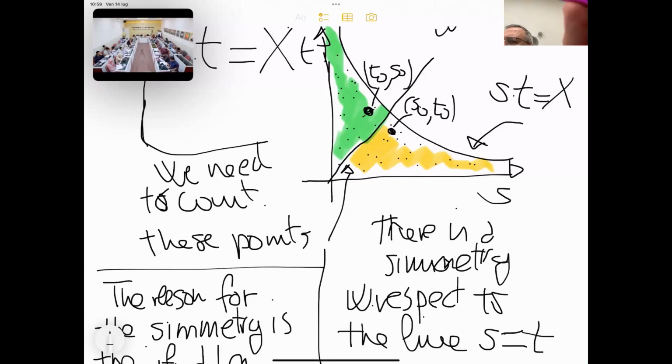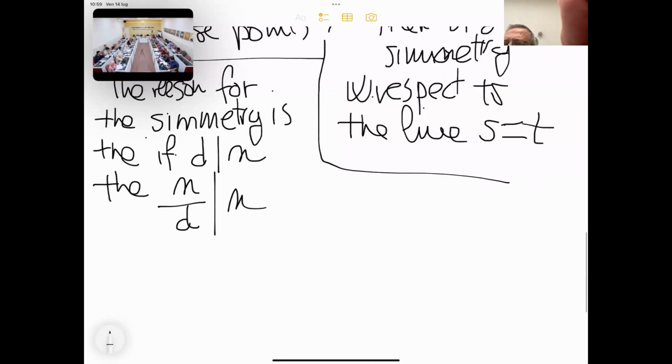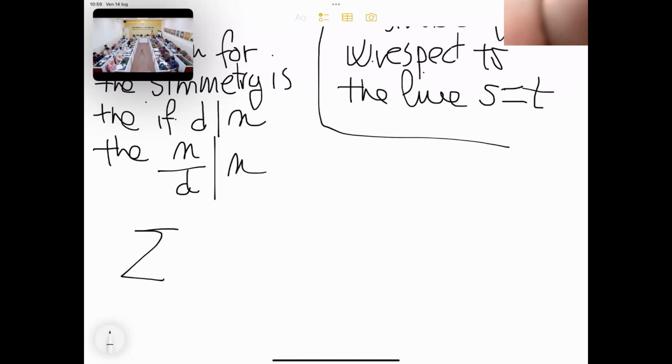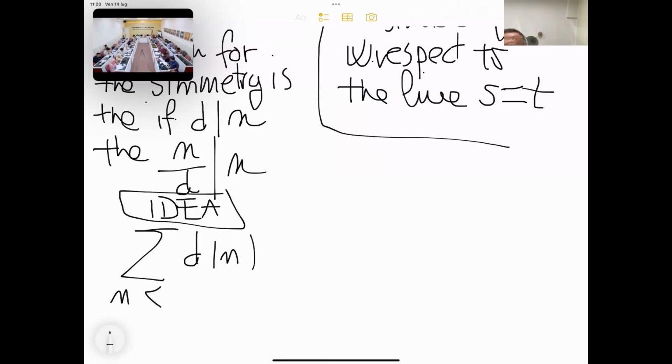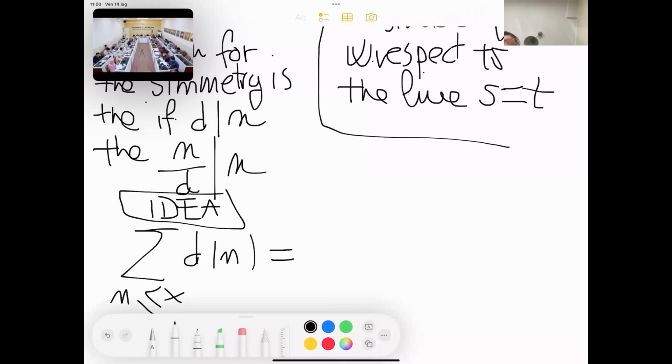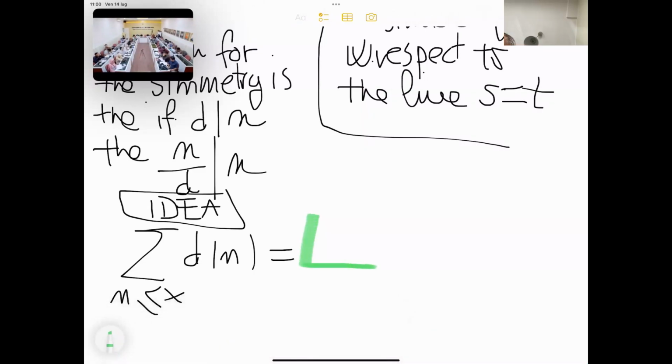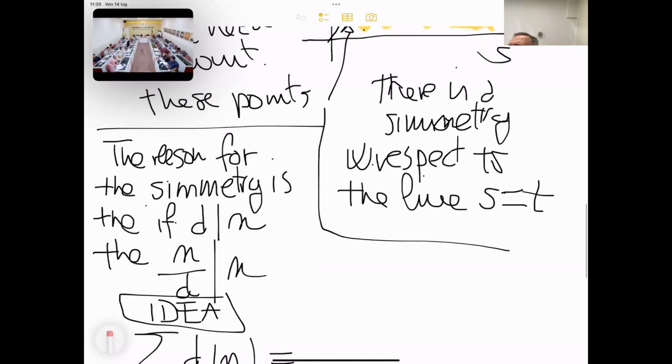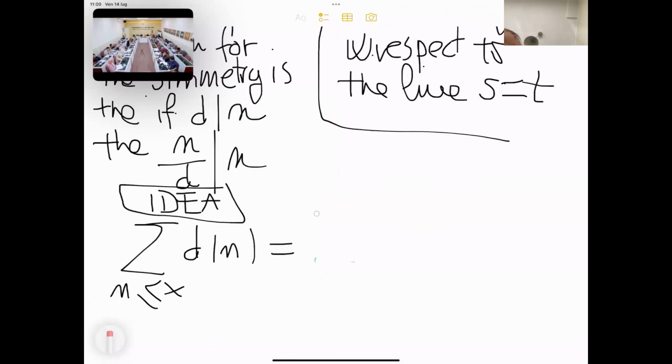So the idea is the sum of d of n, for n less or equal than x, equals, well, first of all, we count the points above.